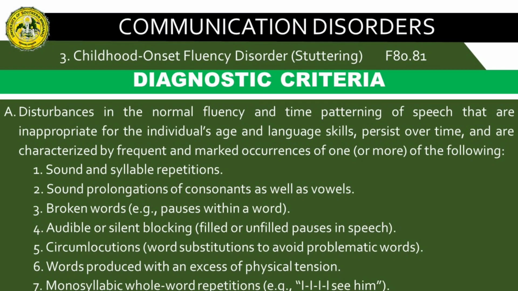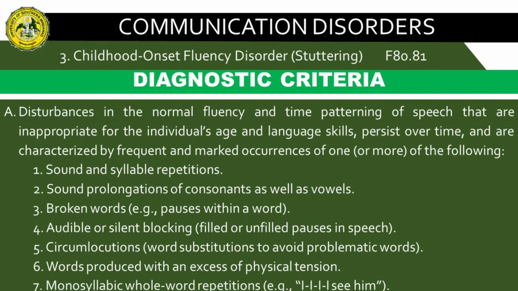Second, sound prolongations of consonants as well as vowels. Third, broken words or pauses within a word. Fourth, audible or silent blocking, or filled or unfilled pauses in speech. Fifth, circumlocutions or word substitutions to avoid problematic words. Sixth, words produced with an excess of physical tension.